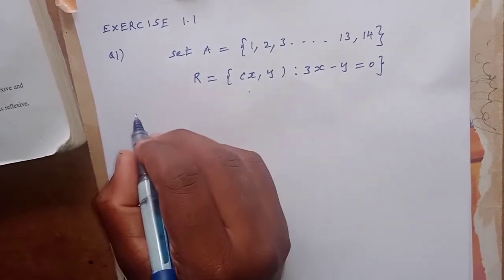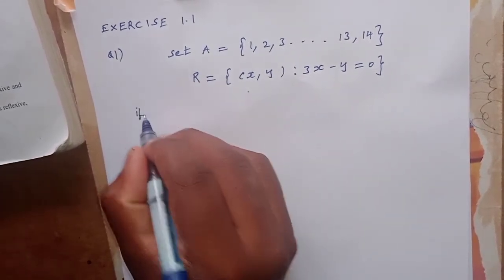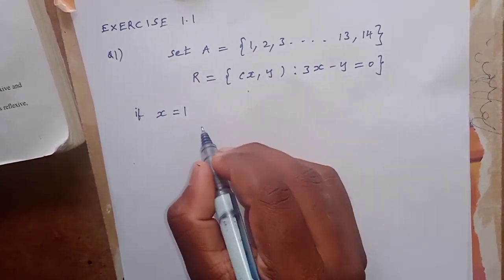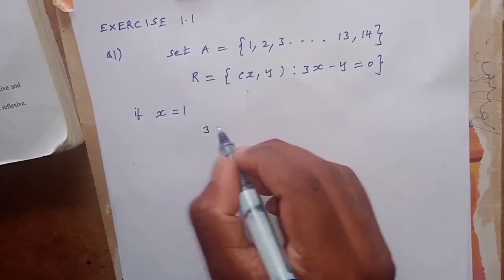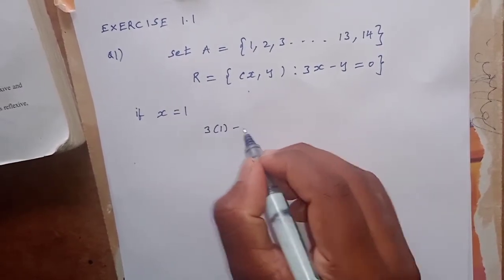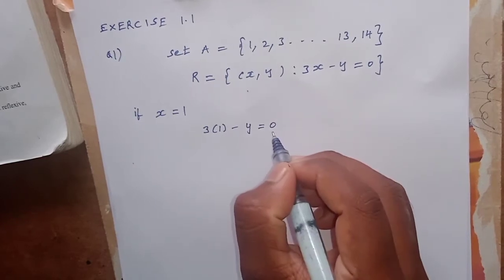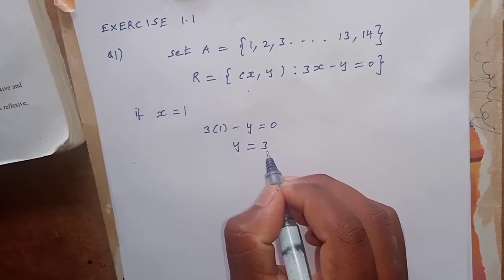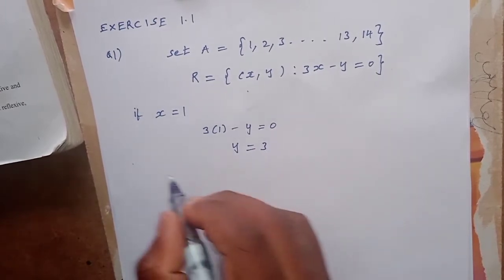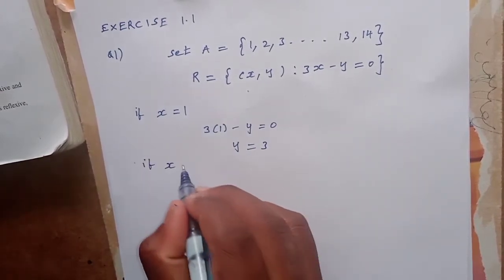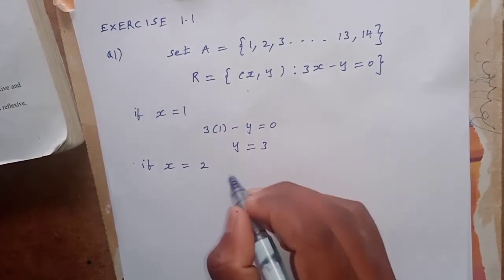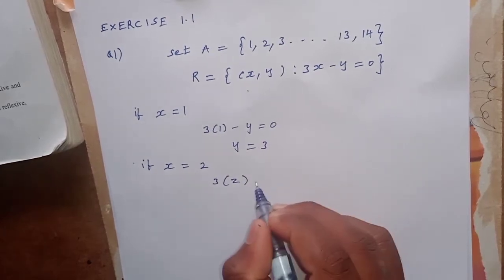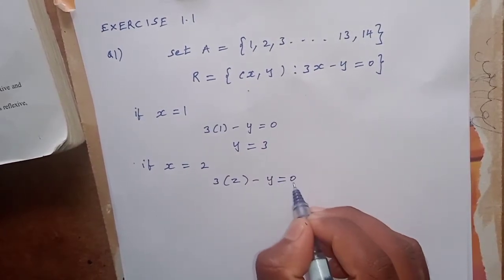Now applying, if x equal to 1, 3 into 1 minus y equal to 0. Therefore y equal to 3. If x equal to 2, 3 into 2 minus y equal to 0.